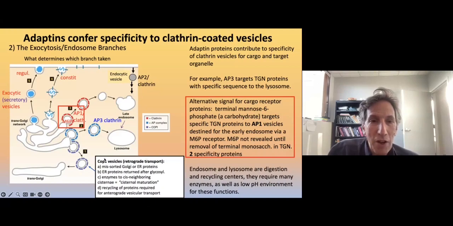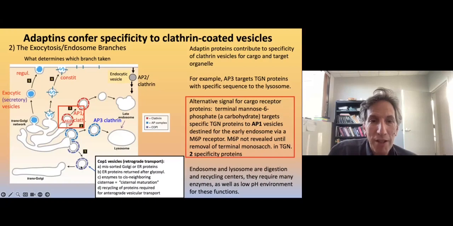But one thing to talk about here is these retrograde vesicles, like these going from the trans-Golgi network back to the trans-Golgi, and also all the other steps in retrograde. I mean, we already talked about their role in cisternal maturation. You also sometimes get proteins that are missorted.